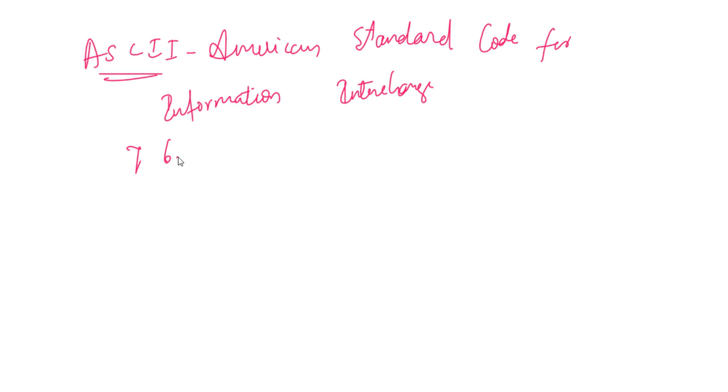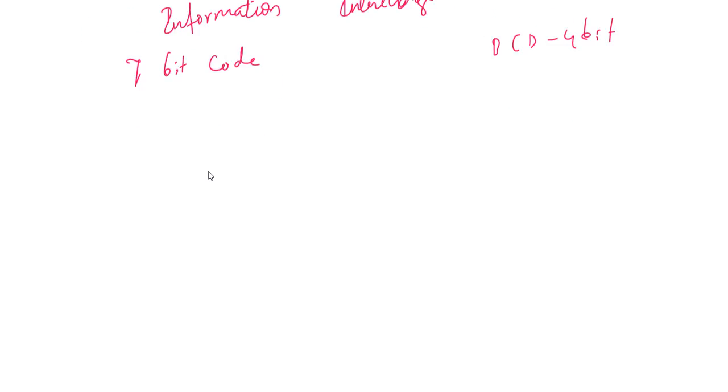As you know, BCD code is what? 4-bit code, right? ASCII code is what? 7-bit code. Here I'll give the table to you later, and you can also get that table on the internet. Any symbol, any character, any letter, or any decimal digit can be represented with the help of 7 bits.